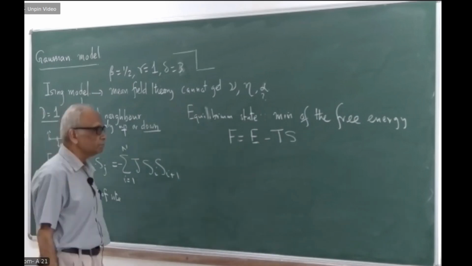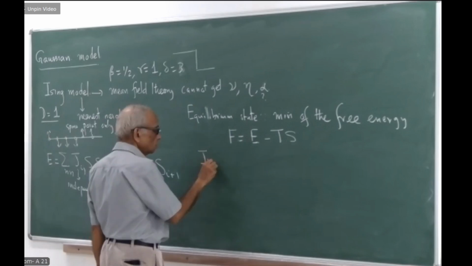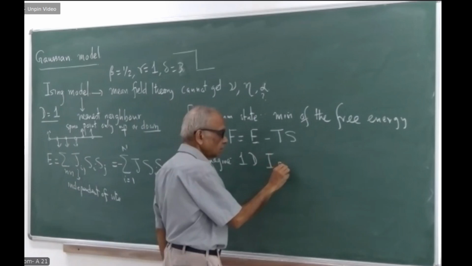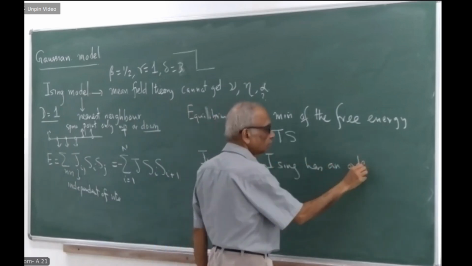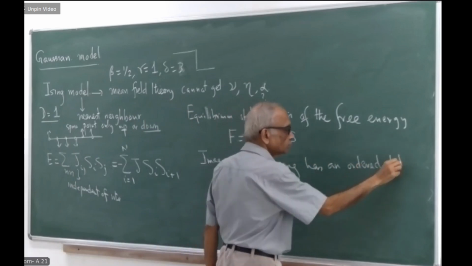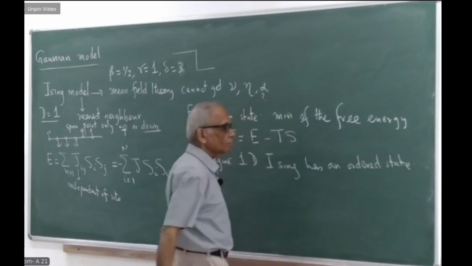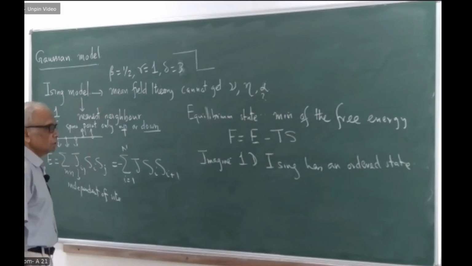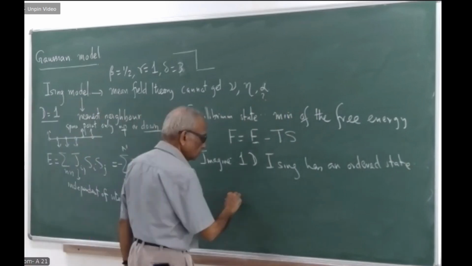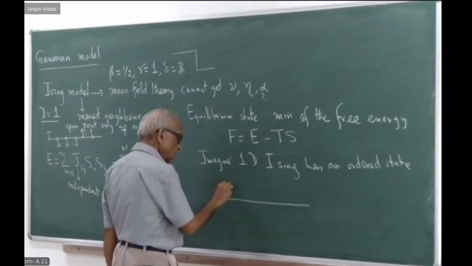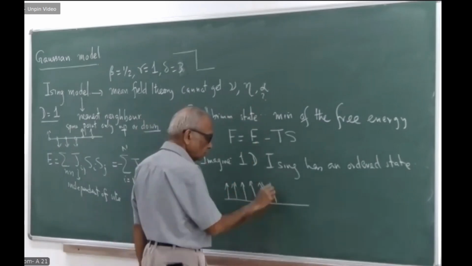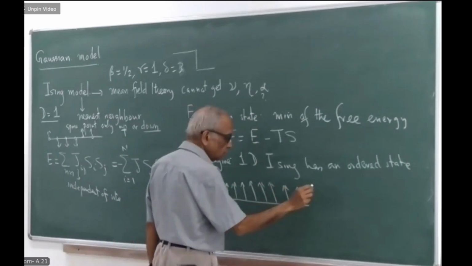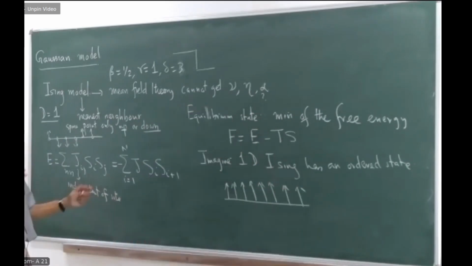So let's imagine the 1D Ising model has an ordered state, and which means, let's say, all spins are aligned.